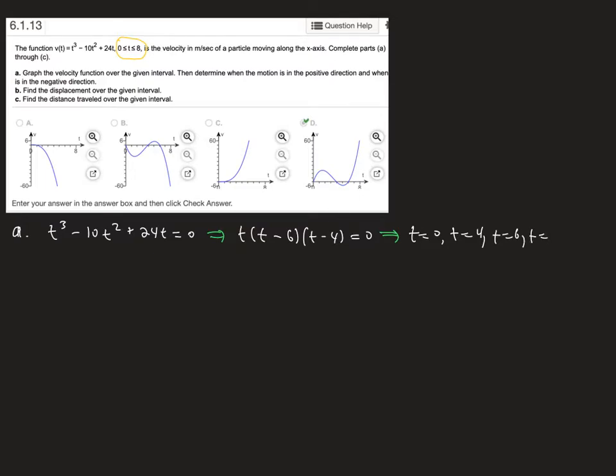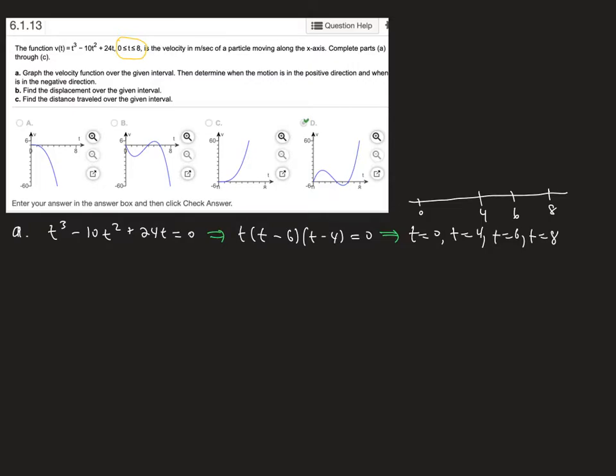And the 0 and 8 aren't really, we don't really have to check anything there. That's the beginning and end of the particle's trip. So the way we did this in Calc 1 was you do a sign chart, you put 0 on there, you put 8 on there, and you put 4 and 6.